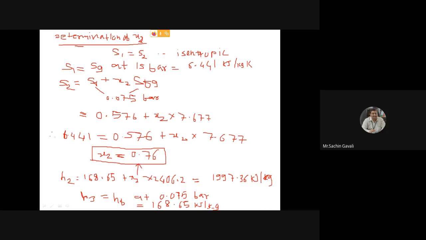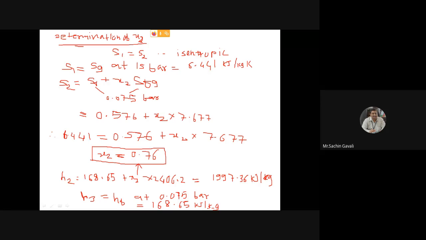Kilojoule per kg. Everybody got now how to calculate H1 value, H2 value, and H3 value. Shall I proceed? If everybody calculated H1, H2, H3, then we'll proceed. Kunal, yes.